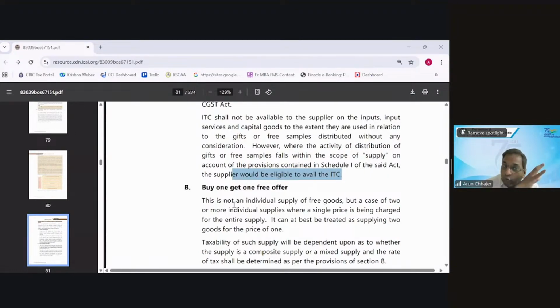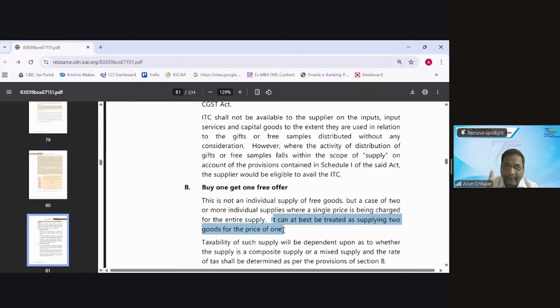Circular 92 has given a different angle. It says that it is not a supply of the second item as free. Basically, it is 2 or more individual supplies for which a single price is being charged. Correct, you are saying that you are supplying 2 items at the price of 1.